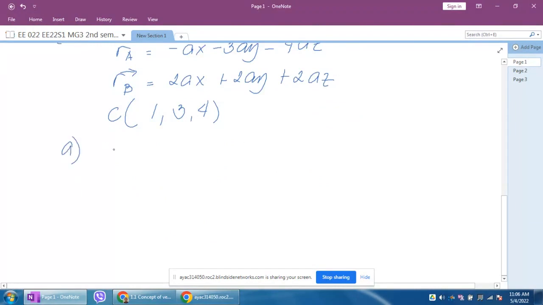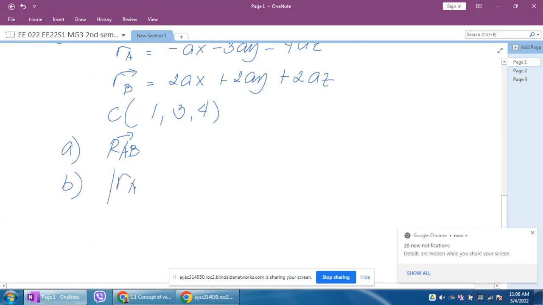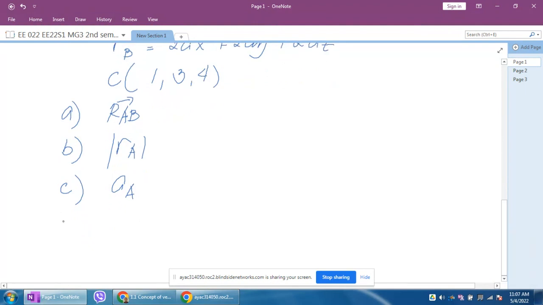Letter A. So, RAB daw. Letter B, magnitude of RA. Letter C, we have a unit vector along A. Letter D, we have AAB.